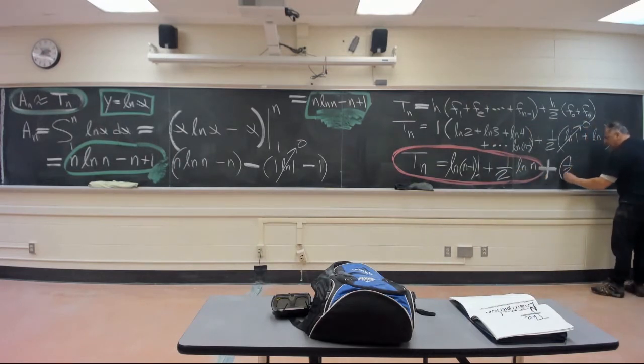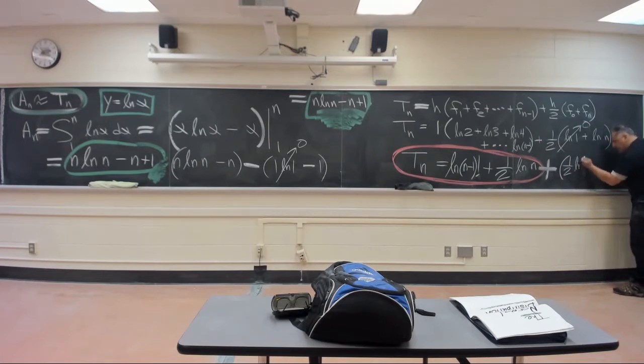I'm going to write 1/2 ln n plus a negative 1/2 ln n. Well, yeah. Negative 1/2 ln n plus positive 1/2 ln n is 0.